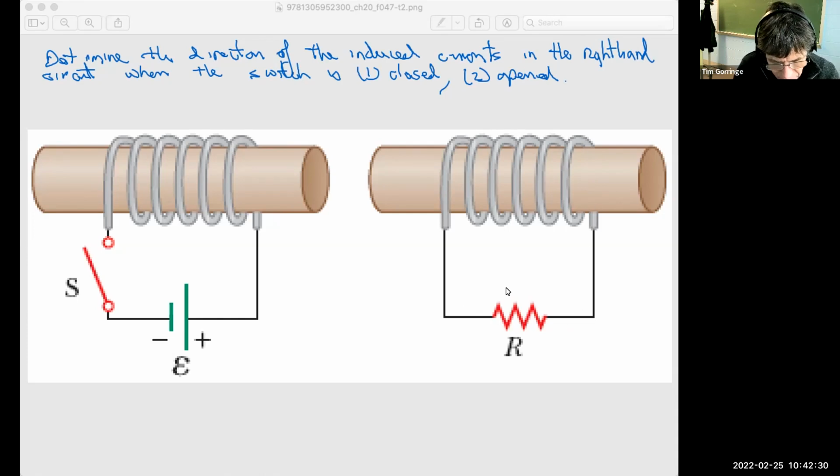And in this resistor, we'll see an induced current, induced due to a time-varying magnetic field or a time-varying magnetic flux through this right-hand coil.